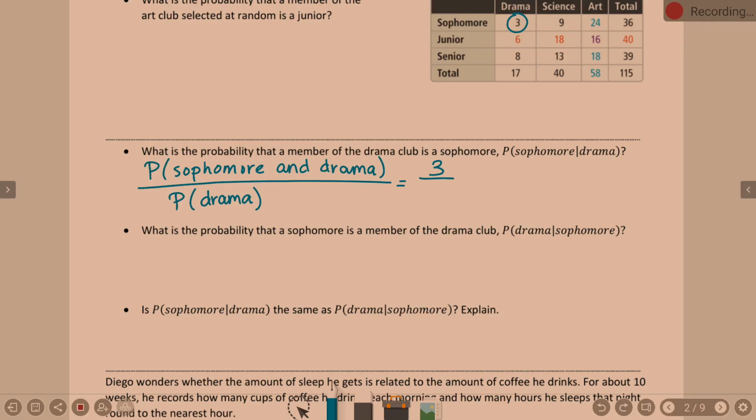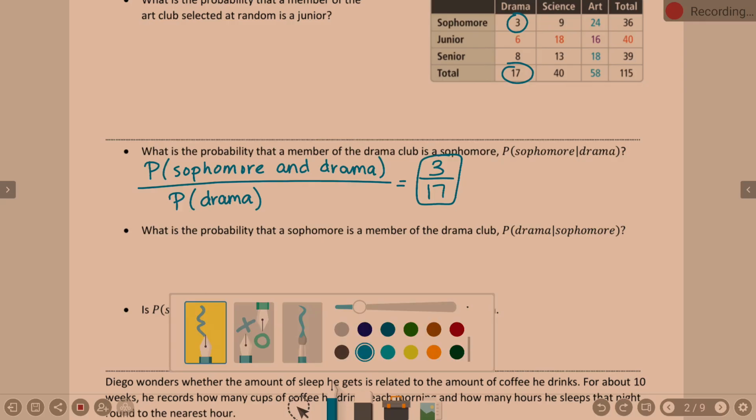Over, when I say probability of drama, how many students are in drama? And there's the 17. Okay? You're just ahead of me. That's what it is. Does 3 over 17 reduce? No. Okay? Are we okay with this?